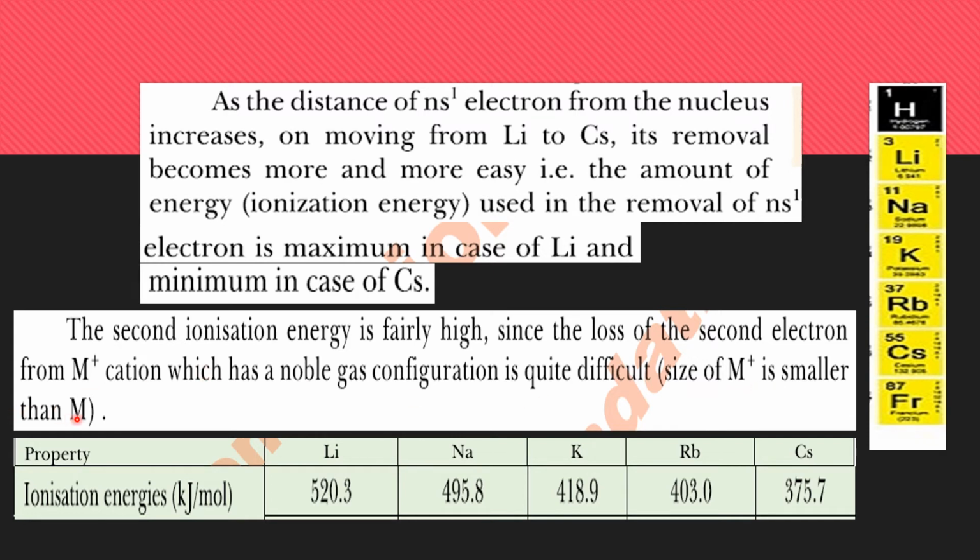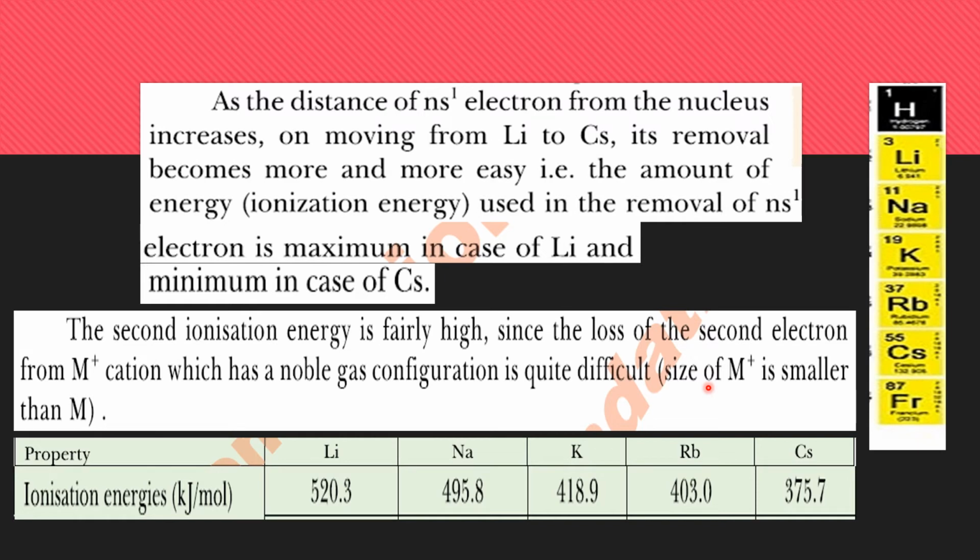Due to this reason it becomes difficult to remove the second electron from the outermost shell of this cation. So this ionization value will increase.